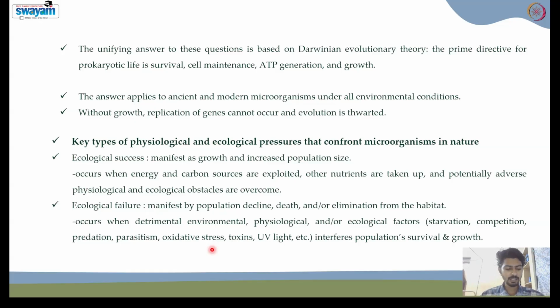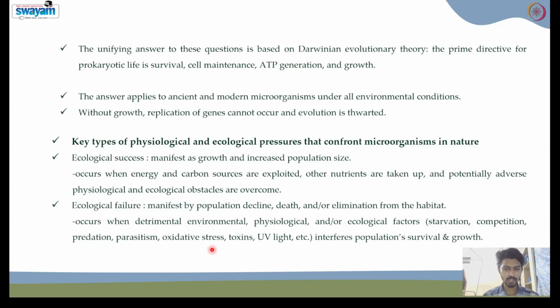So from this, we could understand that the microbes also face a lot of challenges. The one that survives and adapts fits into the environmental condition; those that can't, fade. So what happens here? There is ecological success and failure.